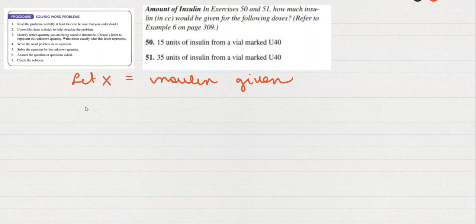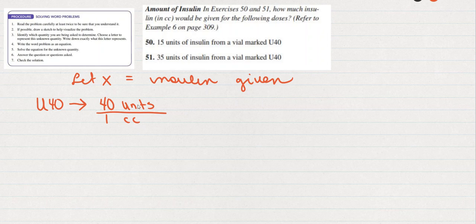So if I were to write this out as a proportion, I forgot to jot this part down from example 6 on page 309 of our textbook. They explain what this U40 means, and the U40 means that our unit conversion is 40 units of whatever to 1 cc. So we could use this for any of the different problems.